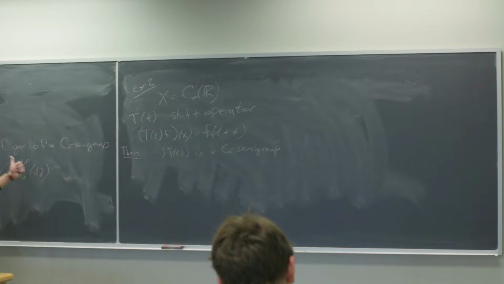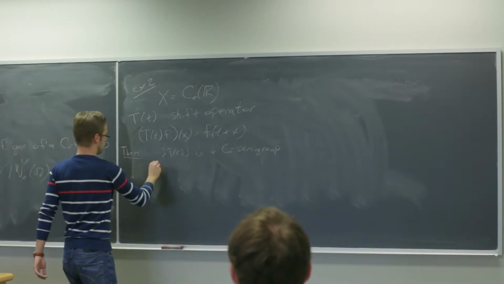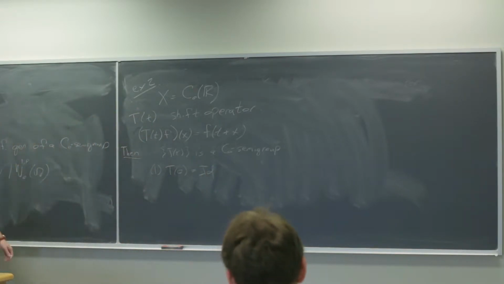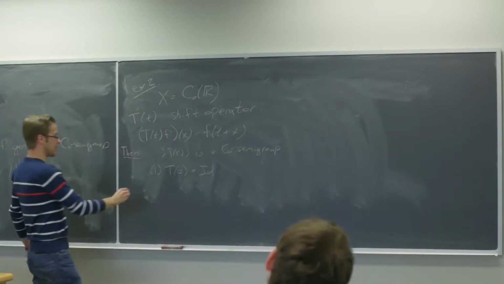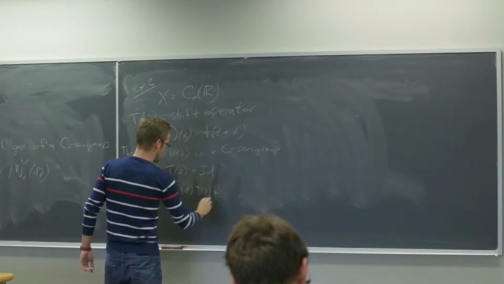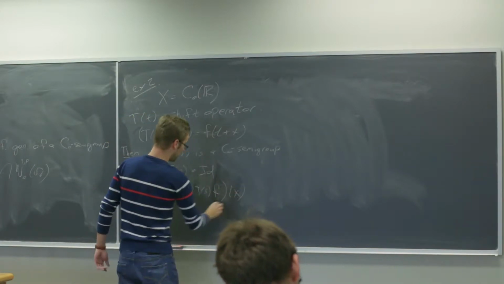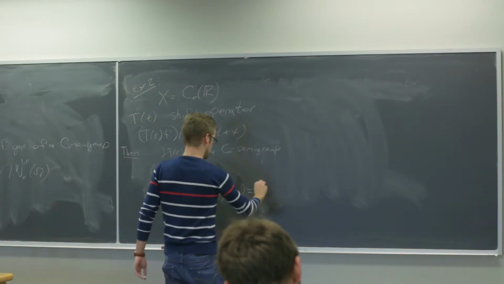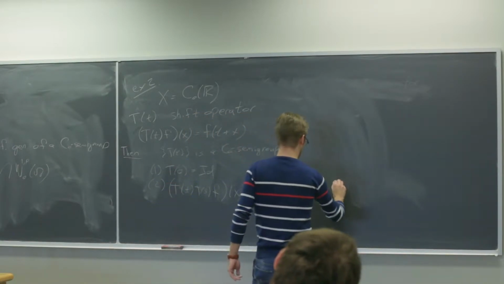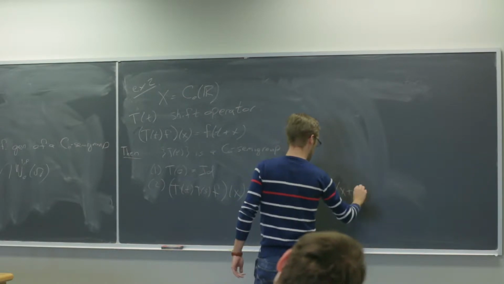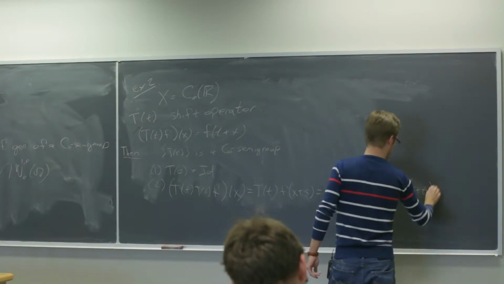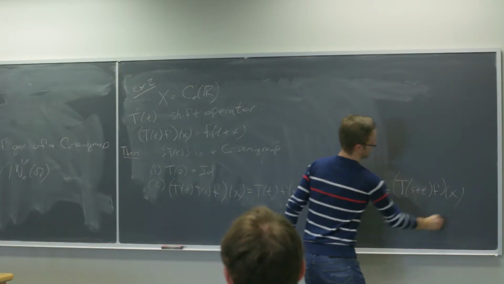So just a few things to check. Remember, we have to check that T at 0 is the identity. I think we can agree on this. Nothing too difficult here. Now we have to check the semigroup property. So I have to look at T of t, T of s, acting on the function f, evaluated at x, which is T of t applied to f at x plus s, which is f at x plus s plus t, which after rearranging is exactly T of s plus t, f at x.